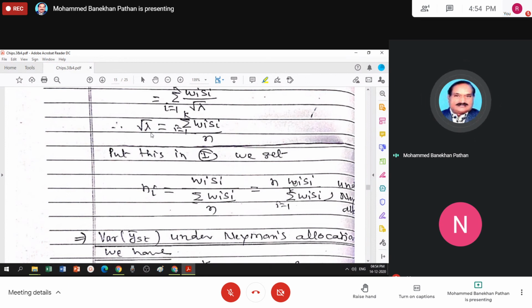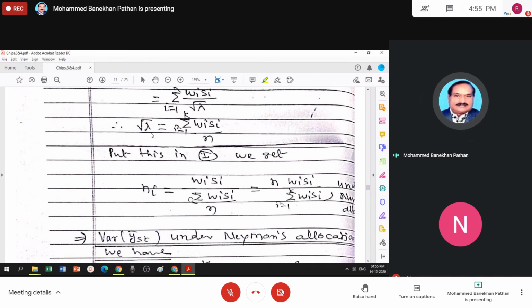So here, if I replace Wi as Ni upon capital N, you get a new formula in terms of Ni. Just replace Wi with Ni upon N, N gets cancelled. So you have two formulas of Neyman's allocation.